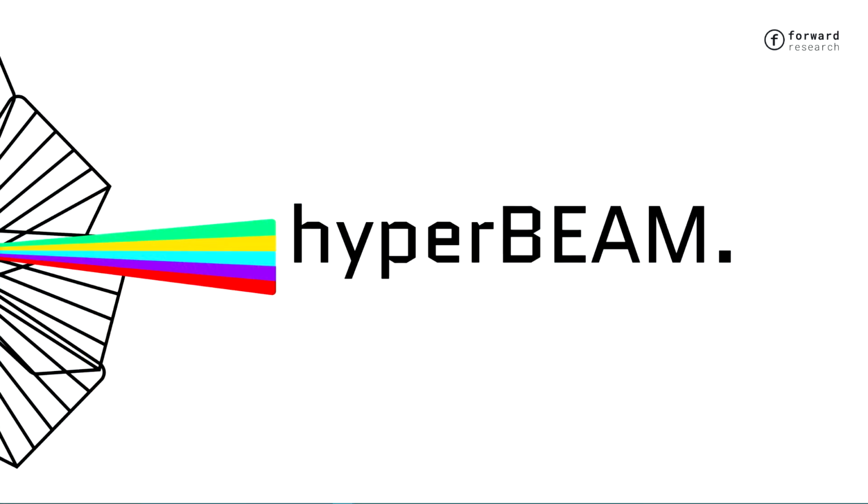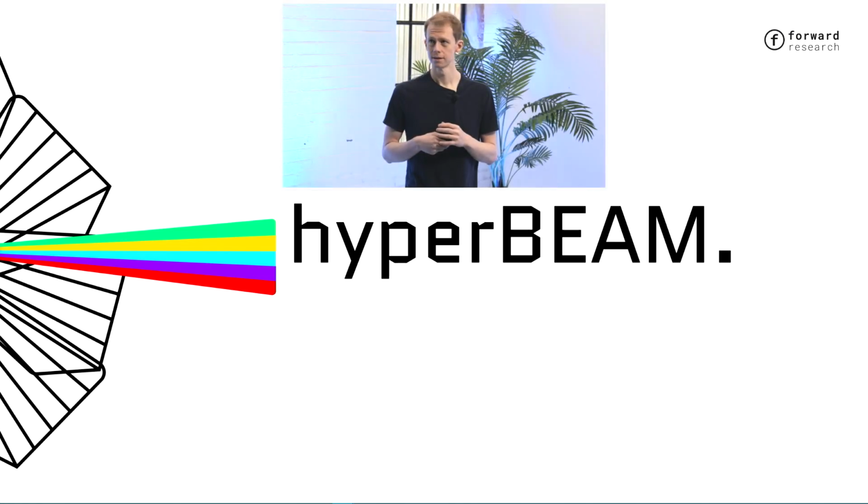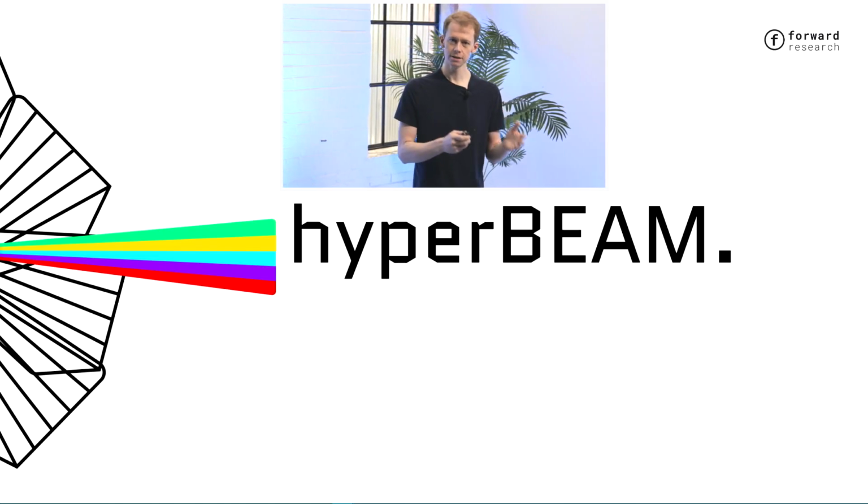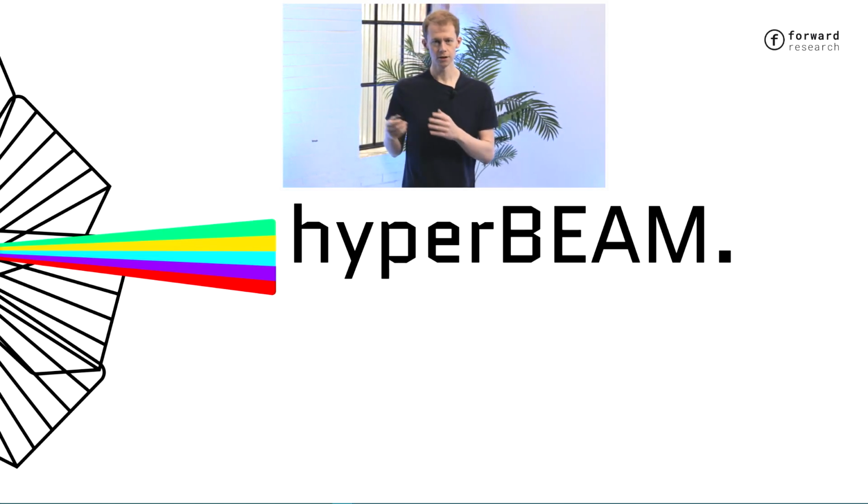So then comes the question, well, how do you run it? Since the launch of AO Testnet just a year ago, we built out, actually it was about 18 months to nearly 2 years ago, maybe, we started building the prototypes of scheduler units, messaging units, and compute units for the AO network.